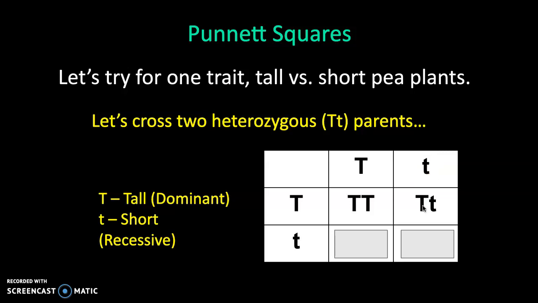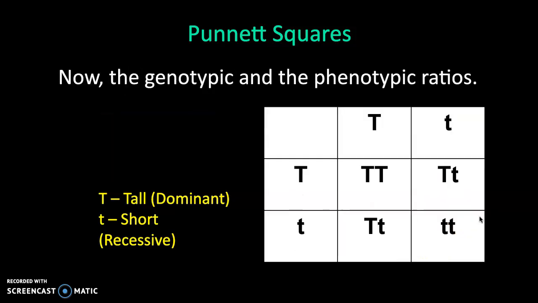So again, we have a big T and a little t there. This next cross is going to produce another big T, little t, another heterozygous individual based on this pair here. And last, these two little t's are going to give us a homozygous recessive individual. So we have, again, two little t's there. So we have completed one Punnett square, but let's figure out what our genotypic and our phenotypic ratios are.